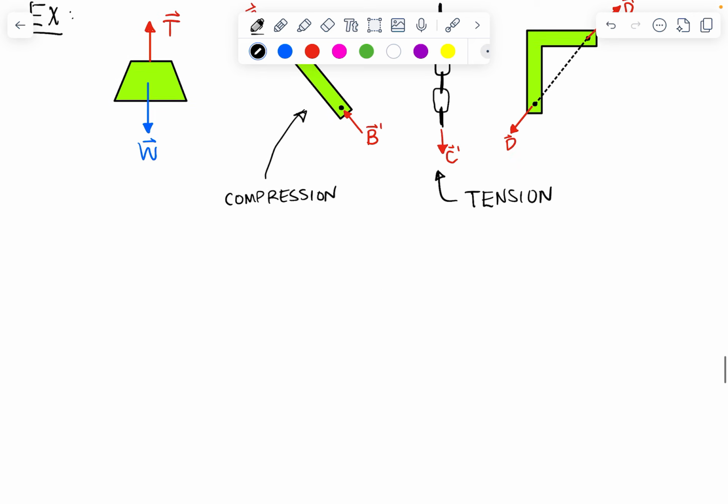Now, some two-force bodies can only support one or the other. They can only be in compression, or they can only be in tension. Now, an example that we're going to see a lot in this class is cables, which is very similar to chains.